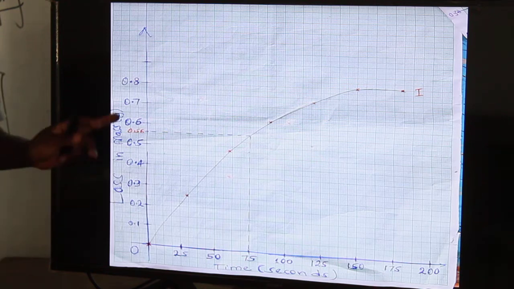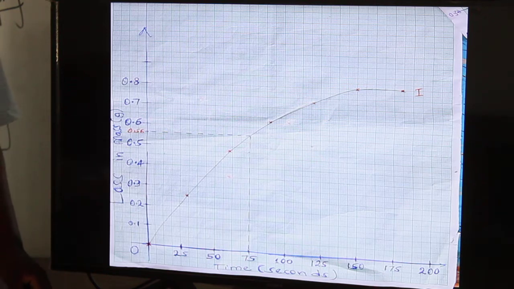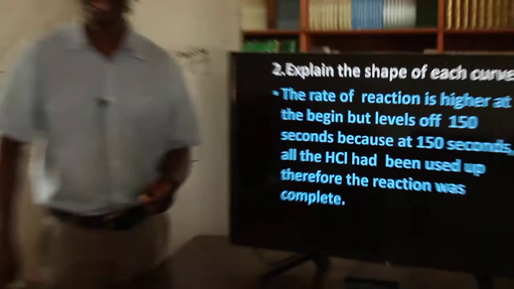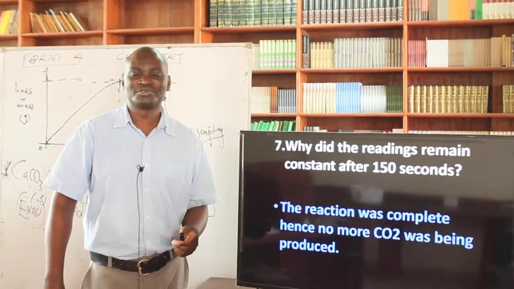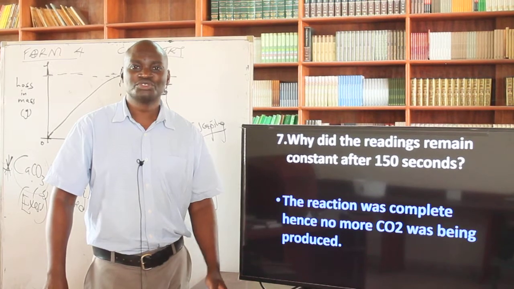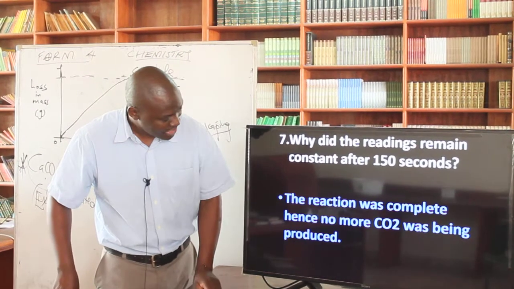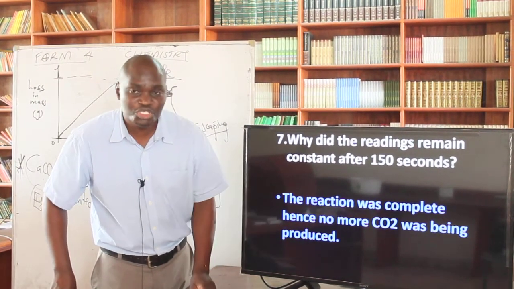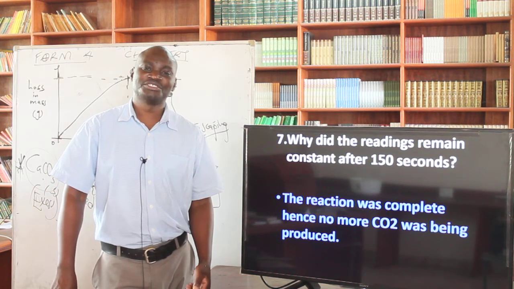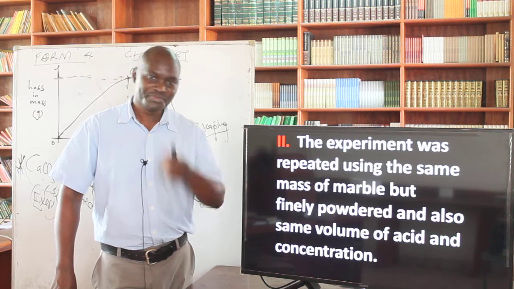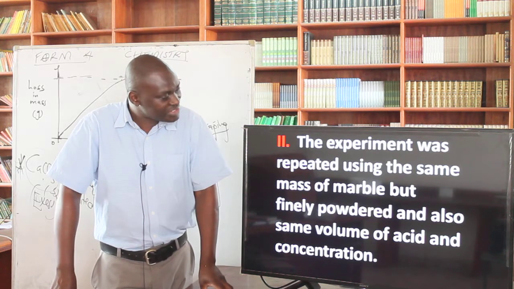There will be no more loss in mass, because all the hydrochloric acid that was present has been used up. So the reaction was complete. Hence, no more CO2 was being produced.